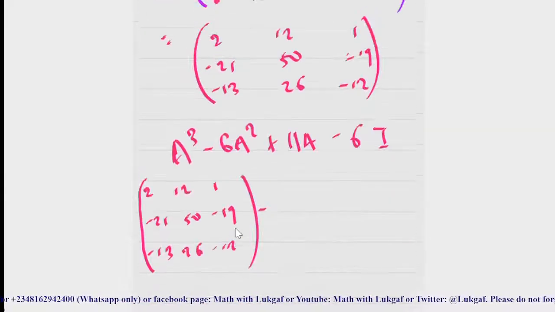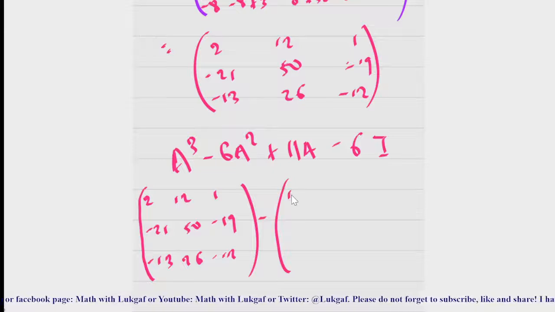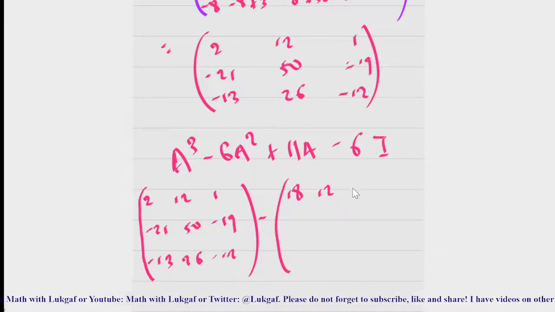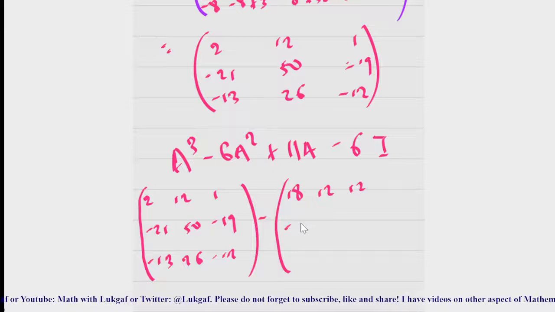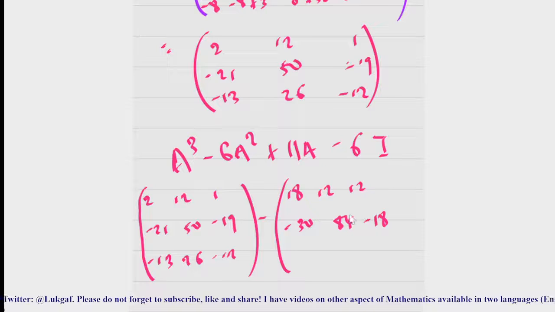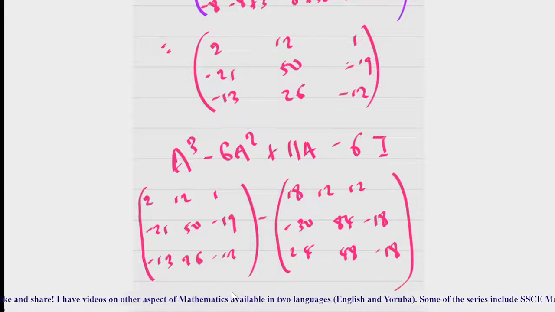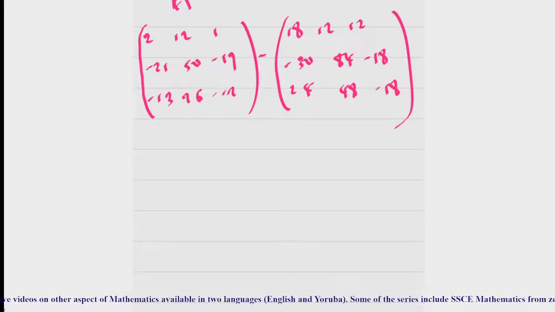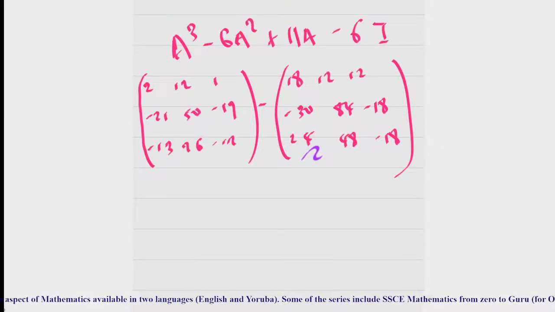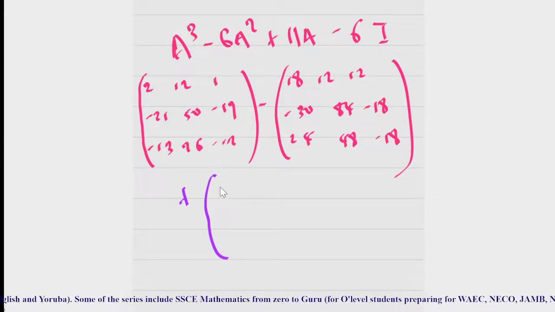Okay, let us just copy it there so we don't need to stress ourselves again. So that's going to be 18, 12, 12 minus 30, 84 minus 18, 24, 48 minus 18. Okay, then the third time, that's going to be plus 11 times A. What is 11 times A? Recall your A is 2, 0, 1, minus 1, 4, minus 1, minus 1, 2, 0.